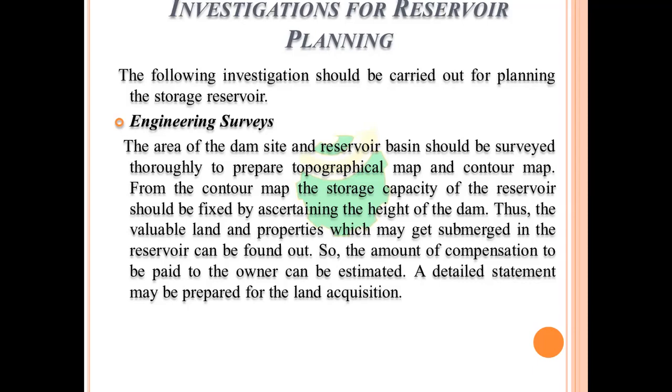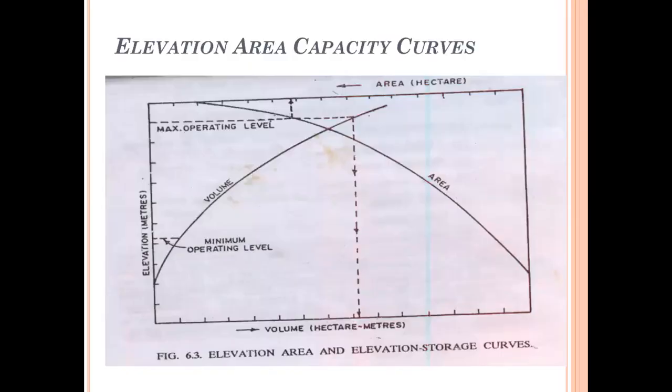Thus, the valuable lands and properties which may get submerged in the reservoir can be found out. So the amount of compensation to be paid to the owner can be estimated. A detailed statement may be prepared for the land acquisition.